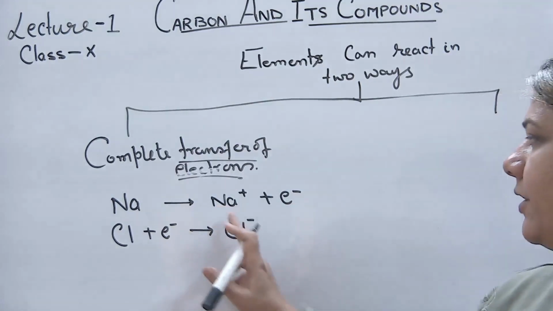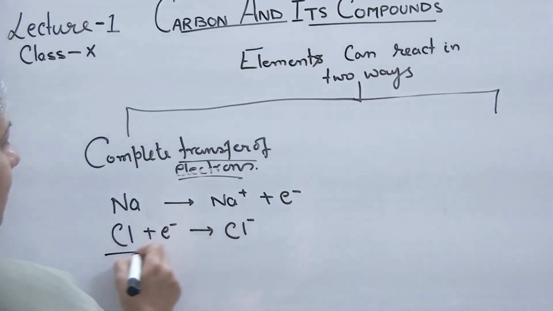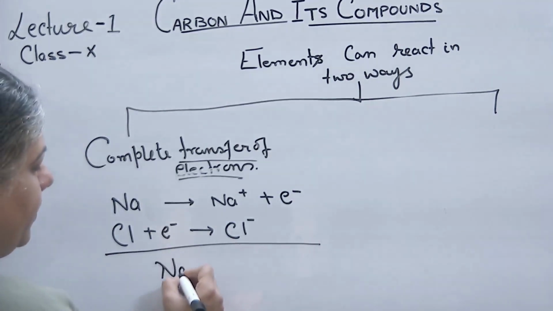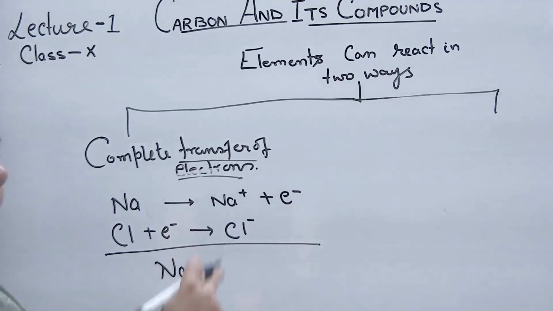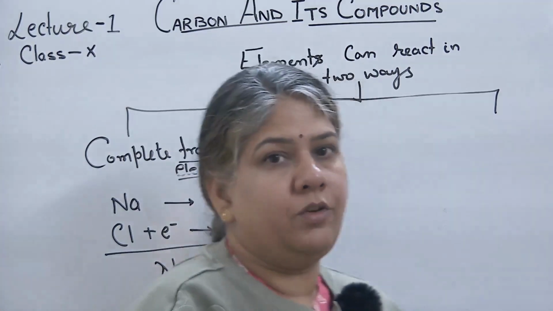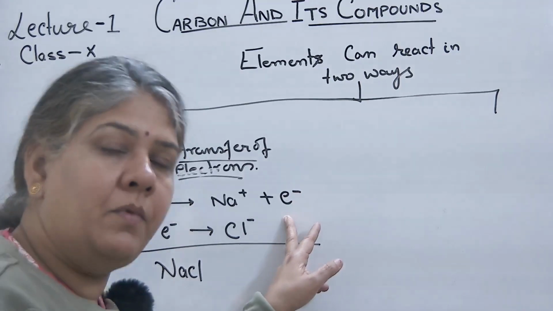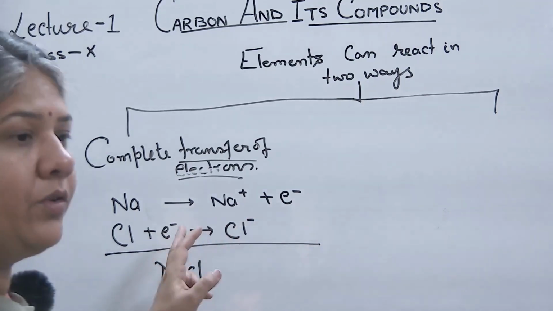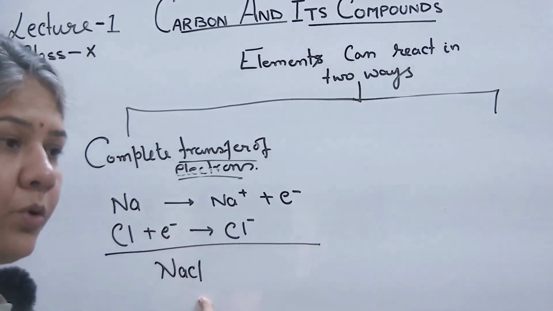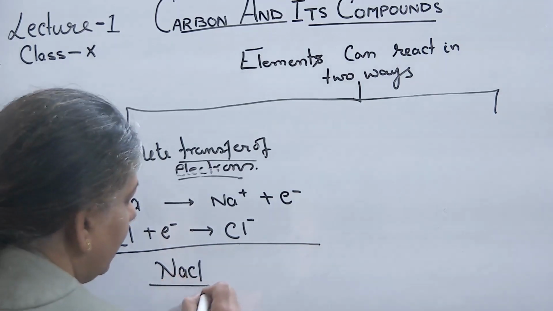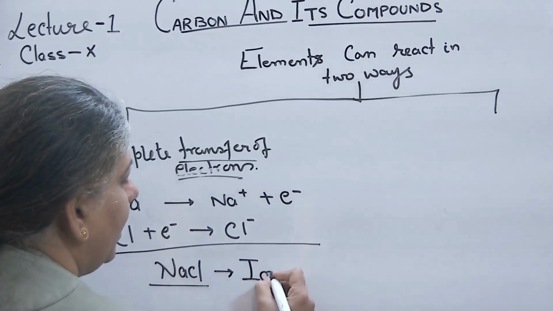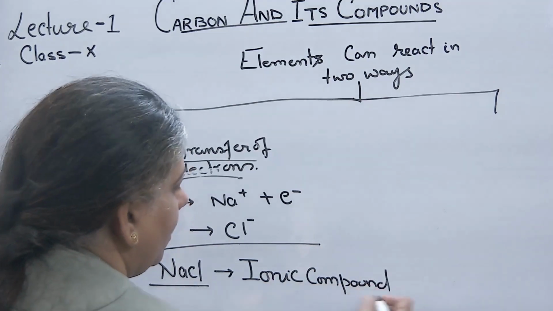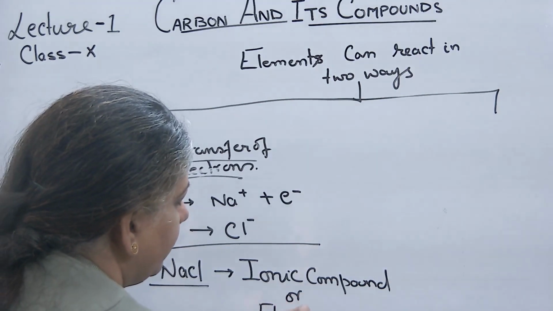So there is interaction and the compound that is formed is sodium chloride, NaCl, because interaction takes place because of exchange of electrons. So this exchange of electrons results in the formation of sodium chloride, and this sodium chloride will be called an ionic compound or electrovalent compound.